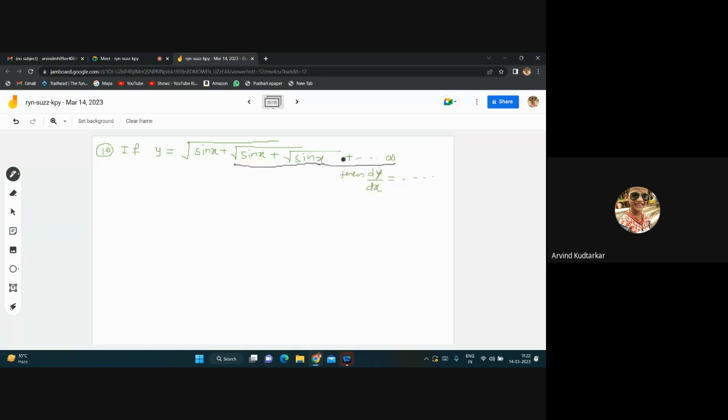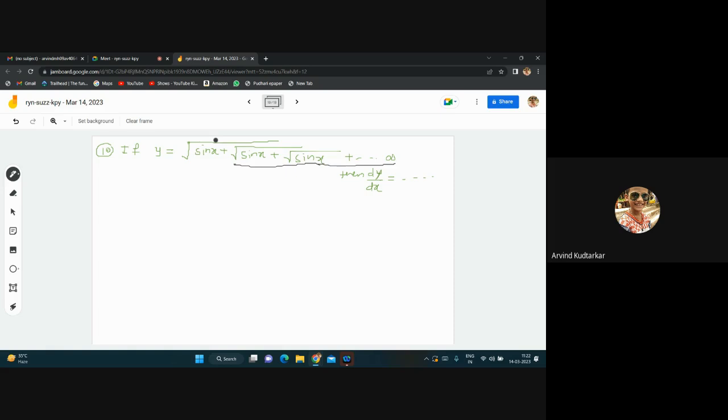Yes, we can write y for this sum. Why? Because it is the addition of root of sin x plus root of sin x, infinitely many times, so we can say this is also y. So it is written as y equals root of sin x plus y.